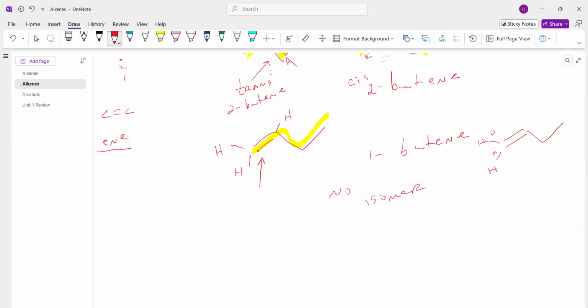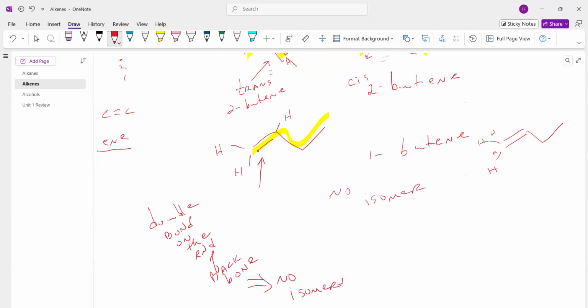So there are no isomers. Whenever you have a double bond on the end, there are no isomers, because the H's are equivalent.